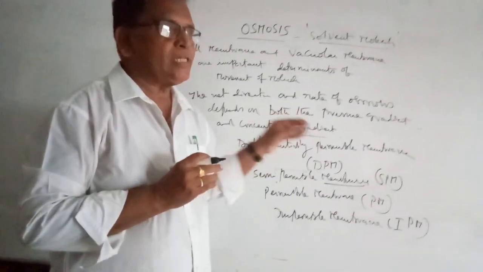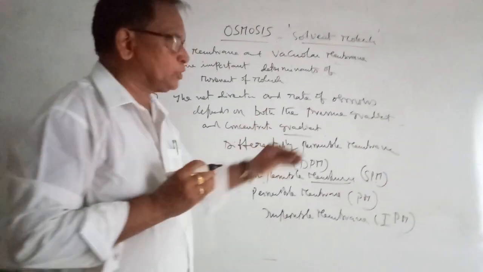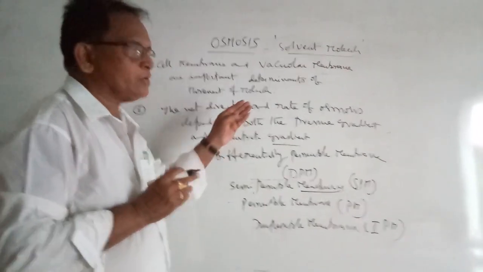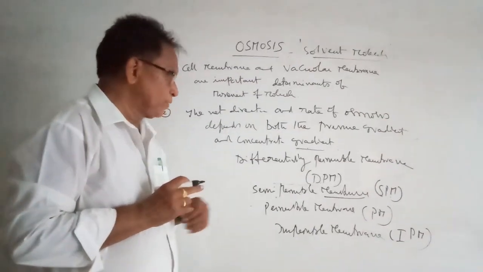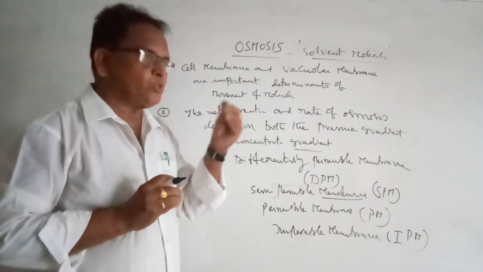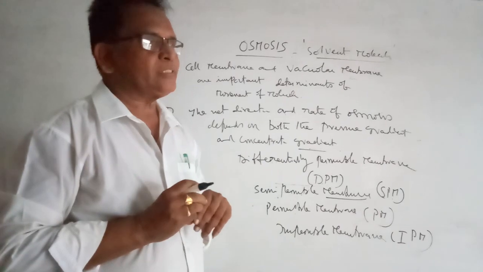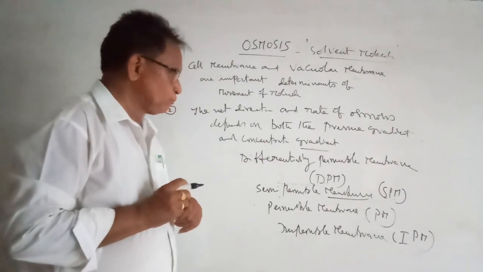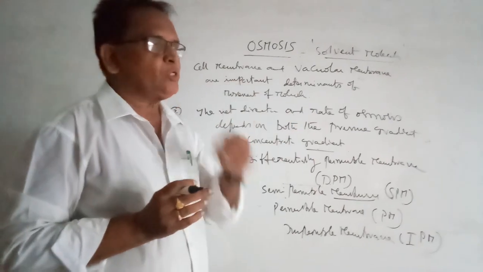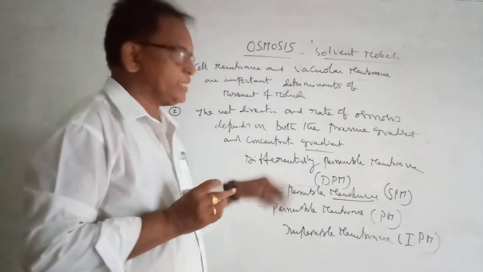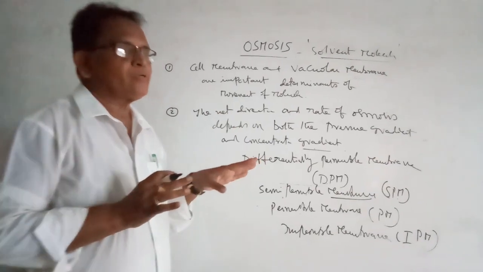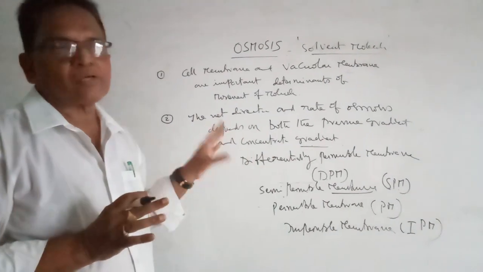It allows only solvent molecules to pass through from the region of higher concentration to the region of lower concentration. Semi-permeable means it allows some solute molecules also along with the solvent molecules. Permeable membrane means it allows all types of solutes and solvents to pass through it. Impermeable won't allow any movement of any solute or solvent.